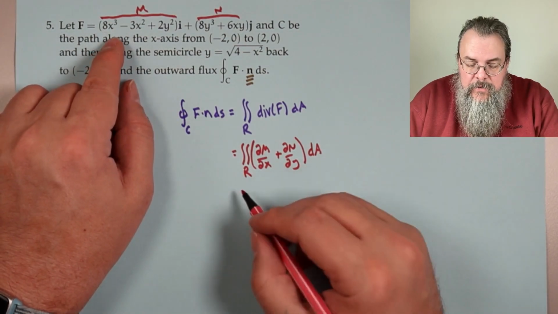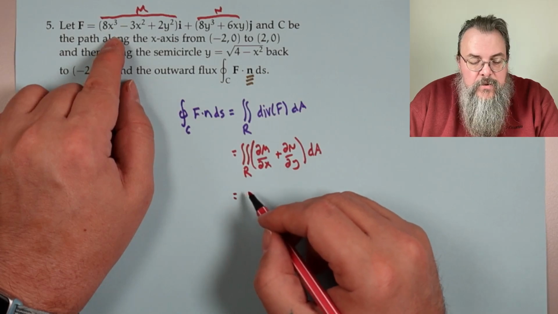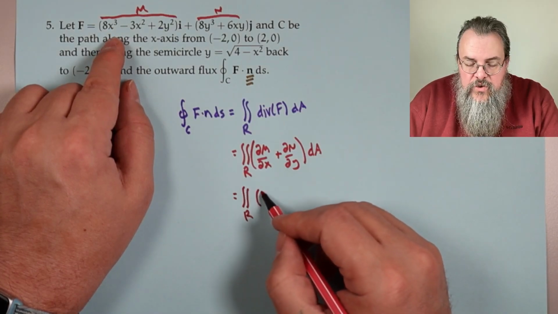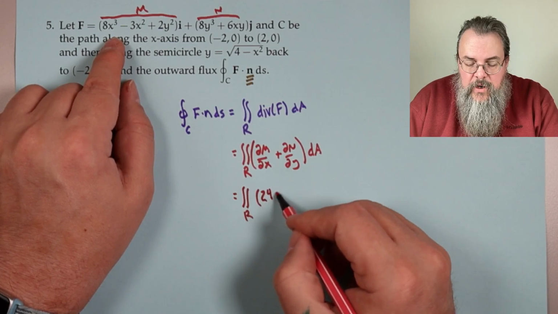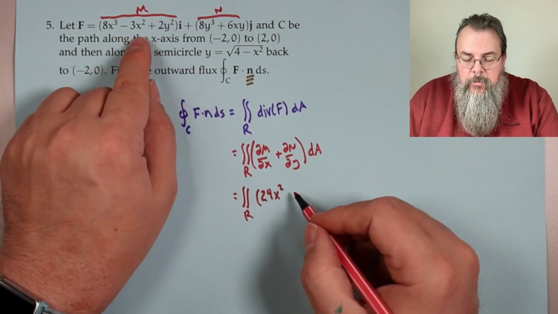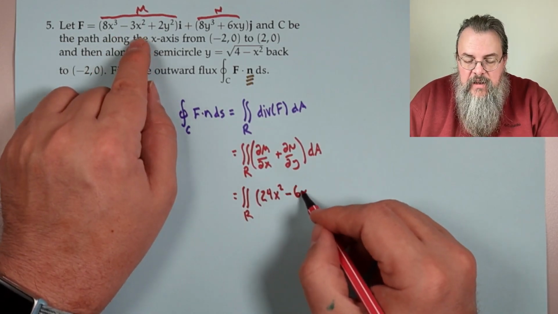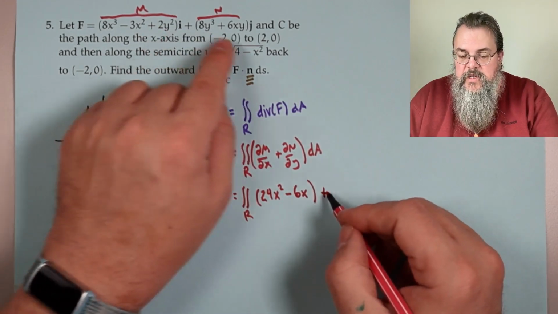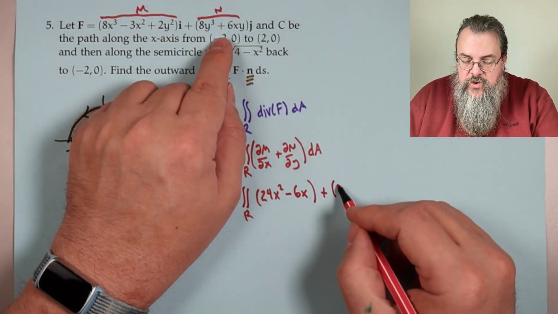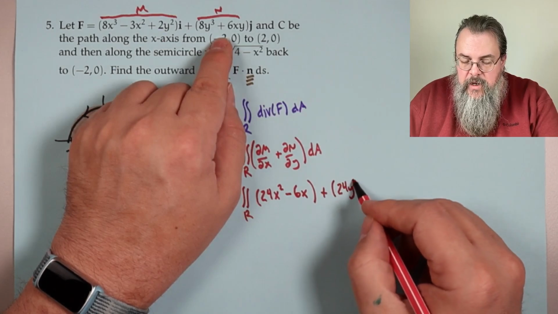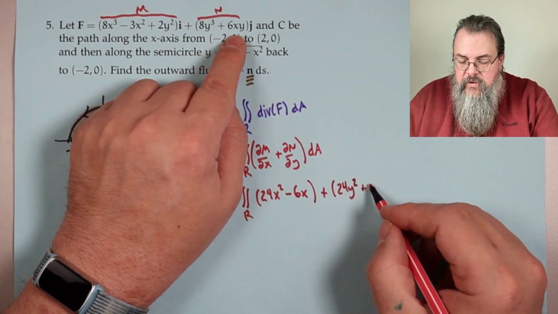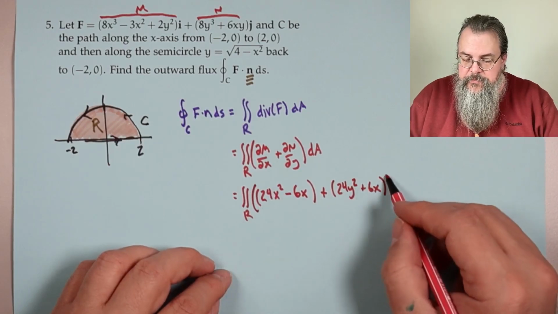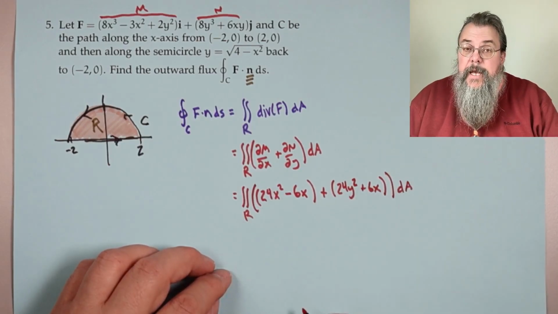Well, we have the integral of 24x squared minus 6x plus 0 plus, here we're going to have 24y squared plus 6x, and okay, there we go, dA.